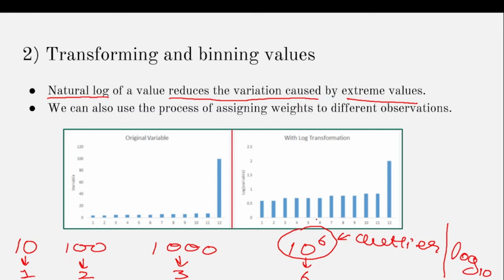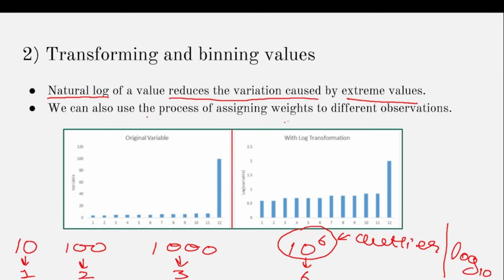Now as we can see, this value 10 to the power 6 was 1000 times greater than 1000, but after doing the log transformation we can clearly see that the variation in the values got reduced. So this is how transforming the data values helps us to deal with the outliers.